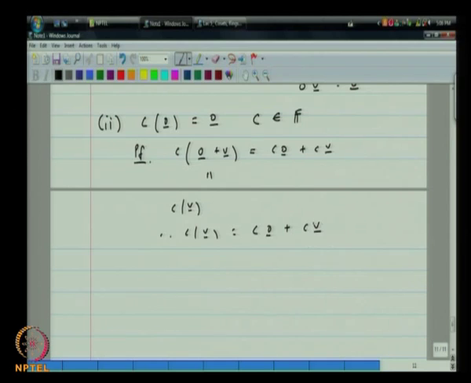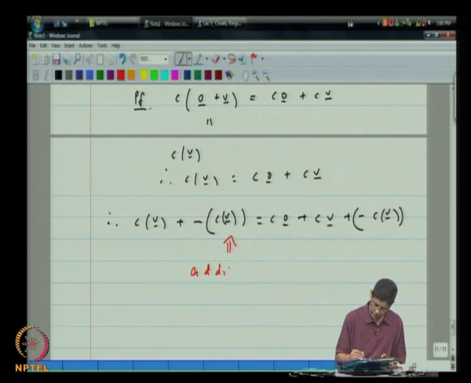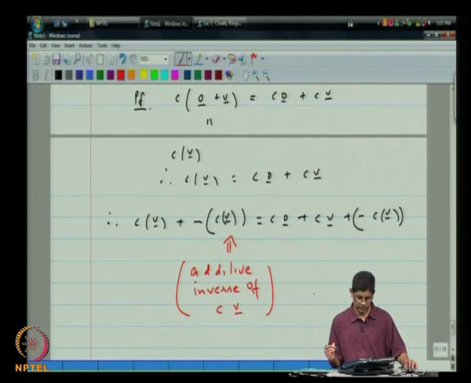So, what we can do is we can add the additive inverse of C V on both sides. Therefore, C times V plus the additive inverse of C times V is equal to C times 0 plus C times V plus the additive inverse of C times V. So, you should read this as the additive inverse of C times V, right.